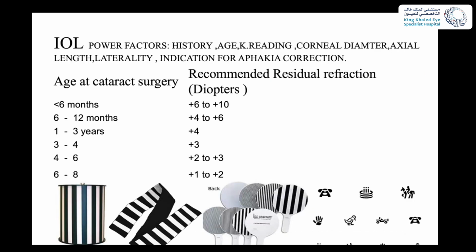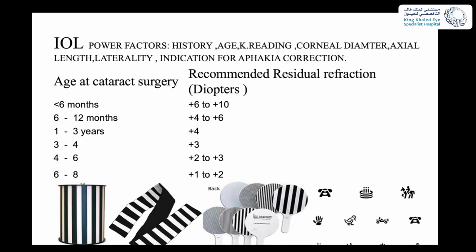What's the power? It depends on your experience, but you have to know about the history of the family. If the family has a history of myopia or hyperopia, age, K reading, corneal diameter, axial length, laterality, indication for aphakia correction. Age at cataract, if you look at the table, this table is not 100% accurate.